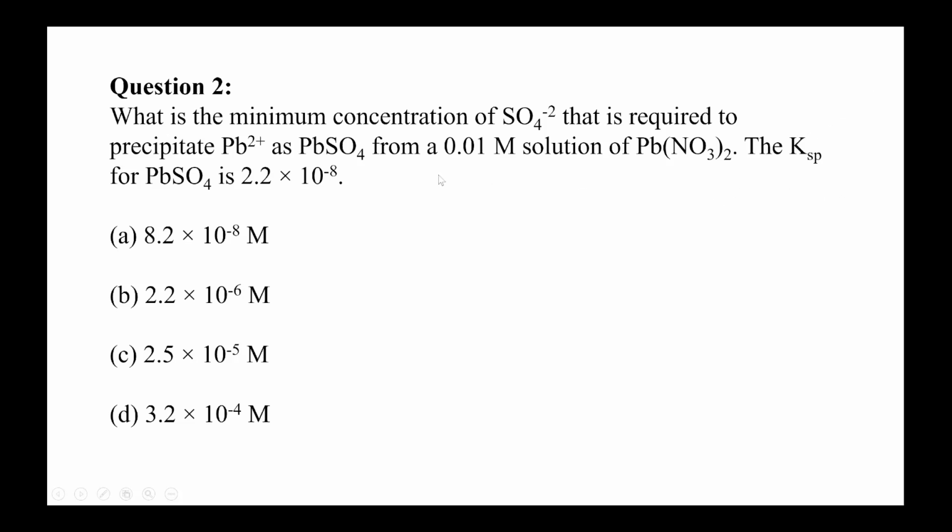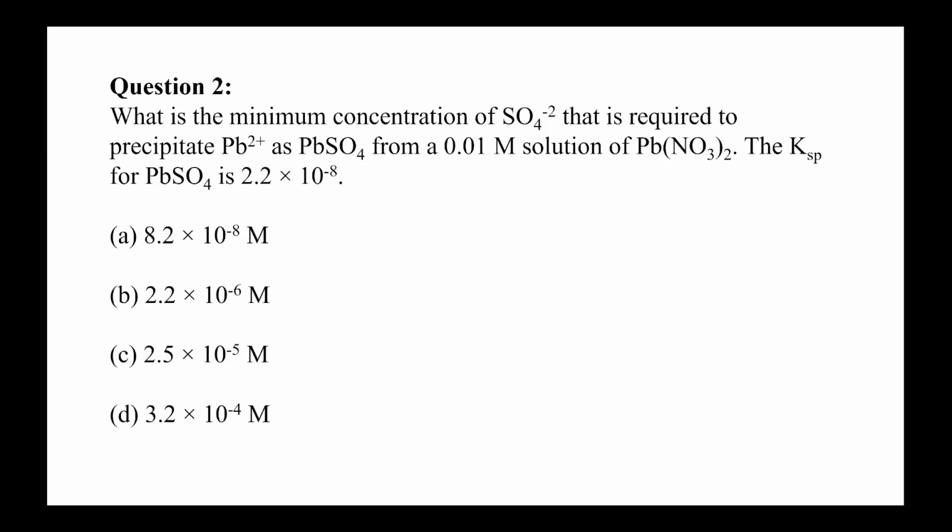So the solubility product of PbSO4 is given, and we have the concentration of Pb(NO3)2, and we need to find the minimum concentration of SO4 2 minus that is required to precipitate the Pb2 plus as PbSO4. If we are adding SO4 2 minus to the solution of Pb(NO3)2, a solution of any salt will basically dissociate the salt into its corresponding ions.